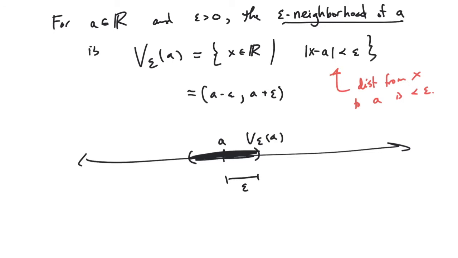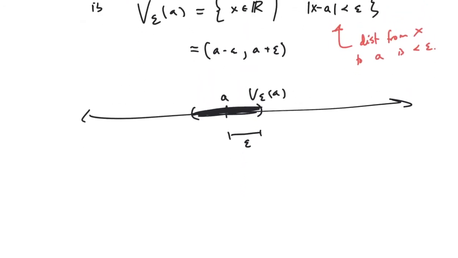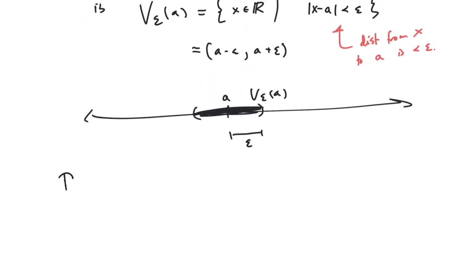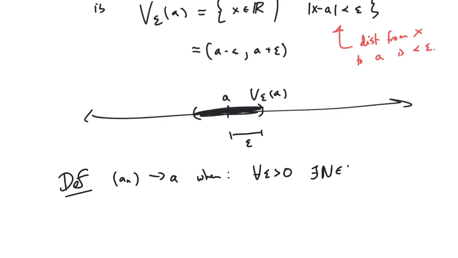All right, but anyway, you can phrase the definition of convergence using this epsilon neighborhood as part of it. So here I'll write this as the definition. It's the same definition as what we said before. We say a_n converges to A when, for all epsilon greater than 0, there exists a natural number N such that n greater than or equal to big N implies, and here's the only difference.